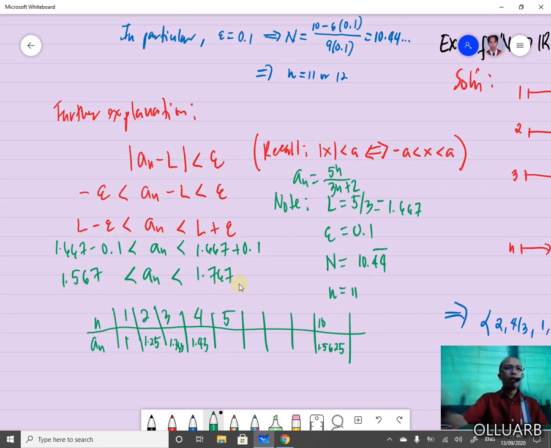If your n is 11, then the value of a sub n is 1.571.